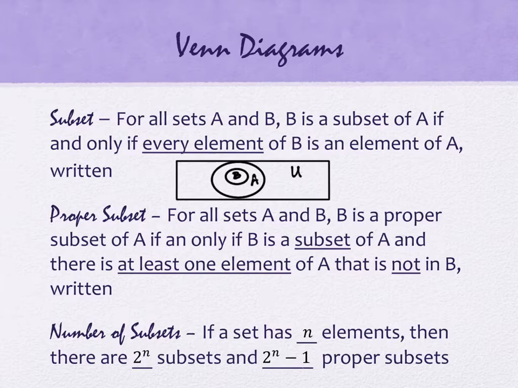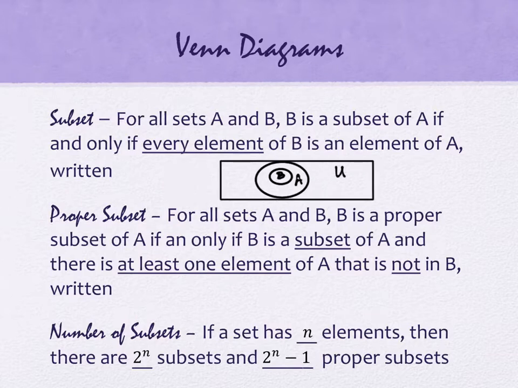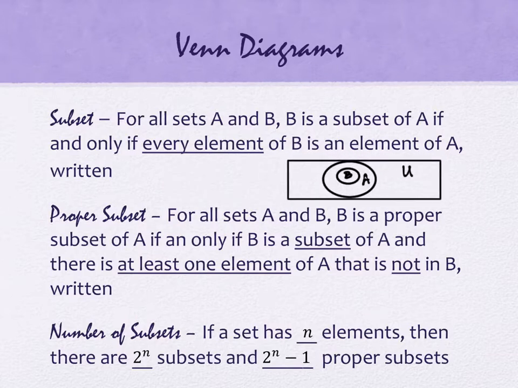A couple of notations. The notation for subset looks like this: set B, and then a symbol that looks kind of like a U on its side, or a flat C. So B is a subset of A. You'll notice there's a bar underneath. That bar means it could be equal.